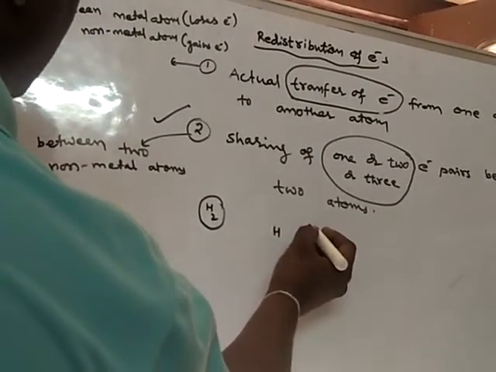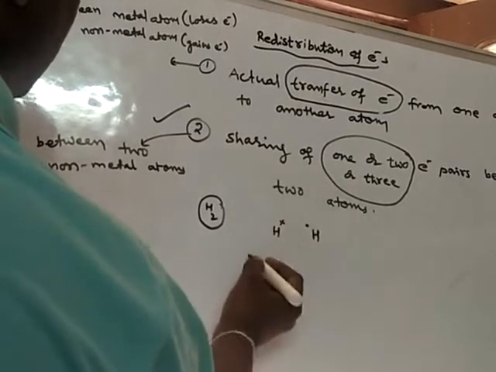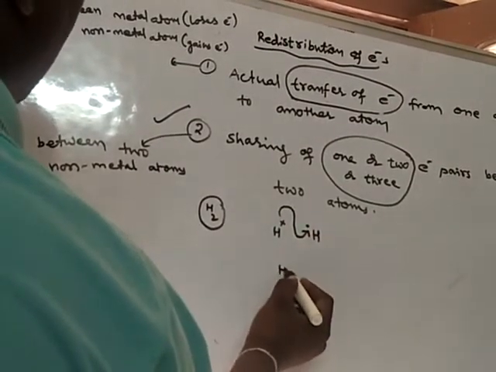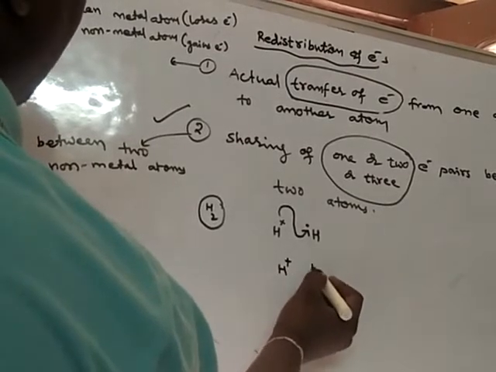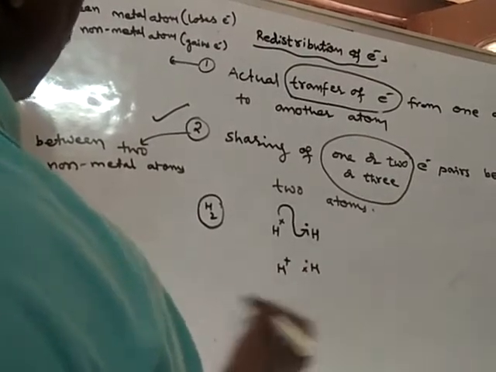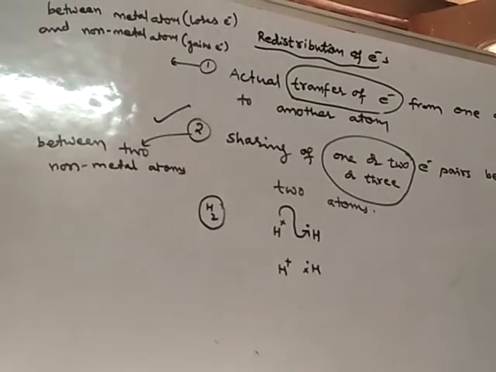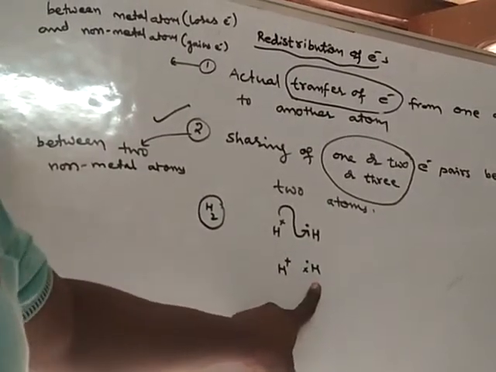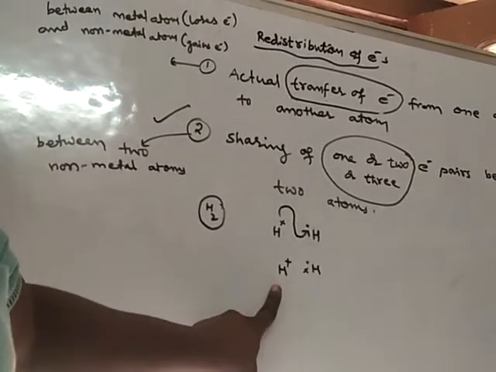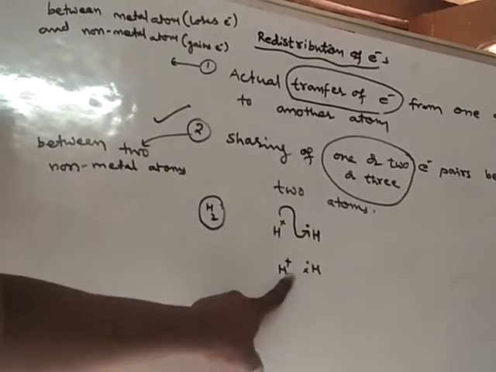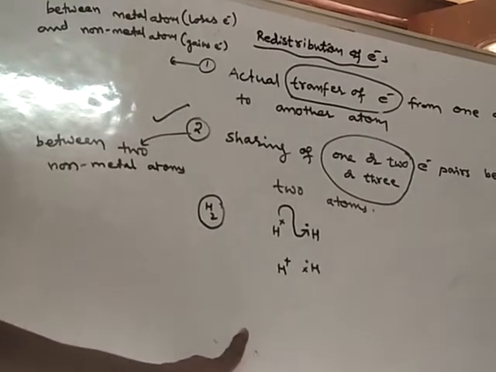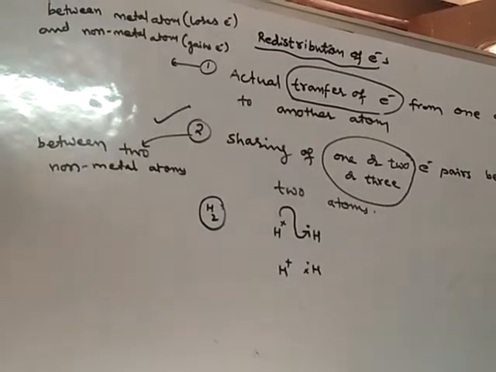Sorry, once again I am drawing. Suppose it transfers its electron to this atom, so now it will convert into H plus, and this atom will get 2 electrons in its valence shell. So this will become stable due to duplet electronic configuration, but the other becomes unstable. Hence, when transfer of electron takes place, both the atoms should become stable.